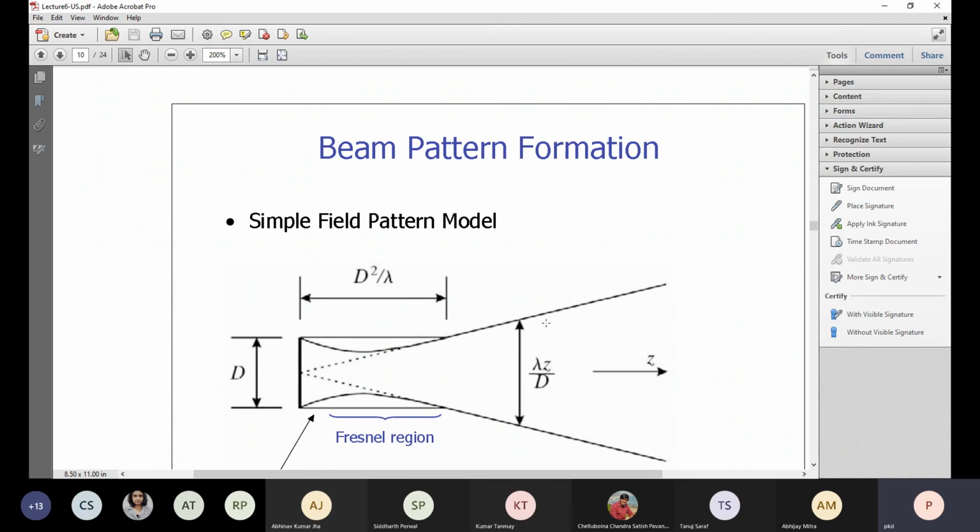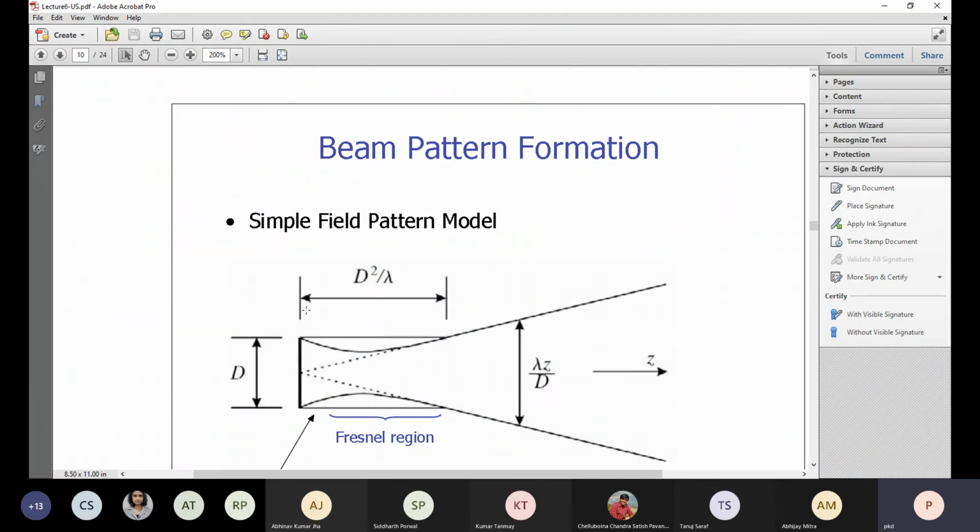The far field pattern can usually be approximated as if it is coming from a point source with an aperture. Had it been a perfect point source, then the radiation would have been there in all directions. But because there is a distribution of point sources, an aperture comes into the picture.